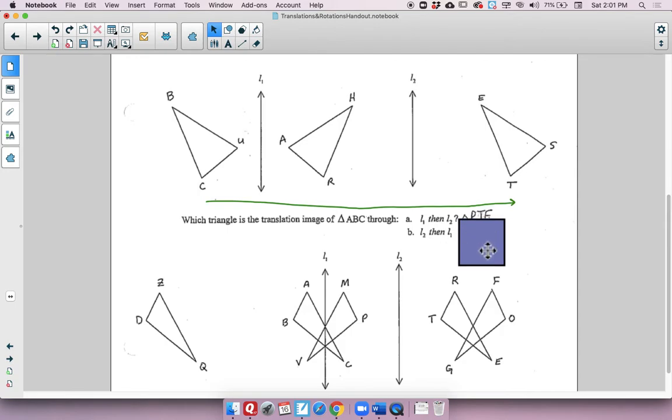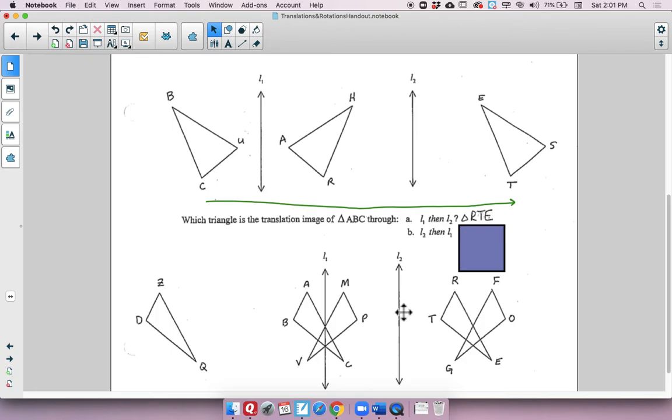All right, well, hopefully you got triangle RTE, because reflecting ABC through L1 would get us MPV, and then when I reflect MPV through L2, I'm going to be here at RTE. Okay, well, what if we were going to start with ABC again, but first reflect through L2 and then through L1?